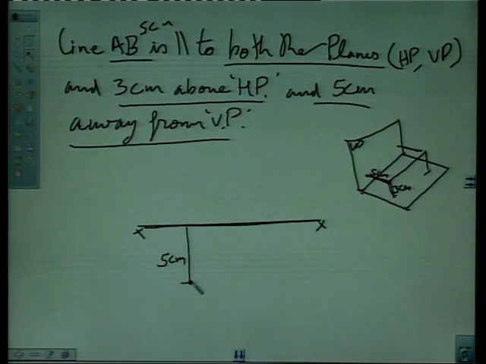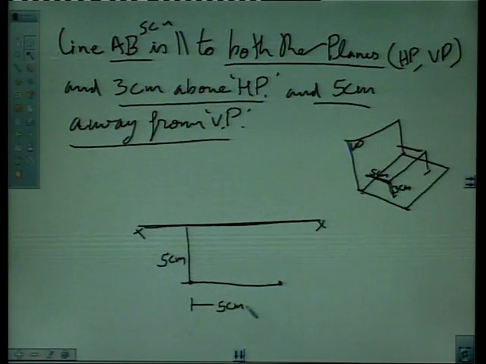From here draw a line like this. This distance is 5 centimeter, length of line. So this is plan, and this 5 centimeter is this distance. When we will view from top, it will be visible in horizontal plane.